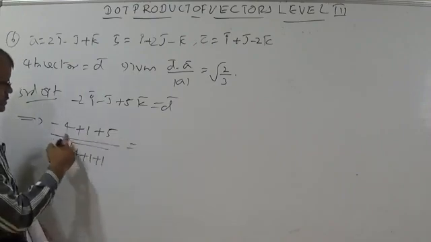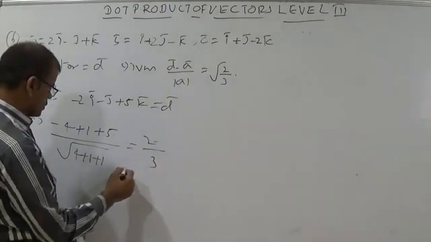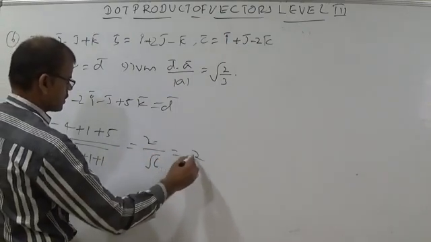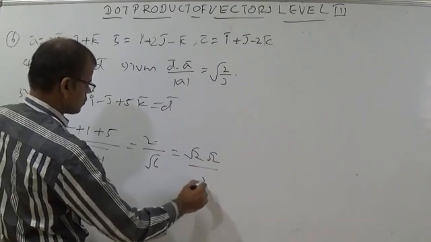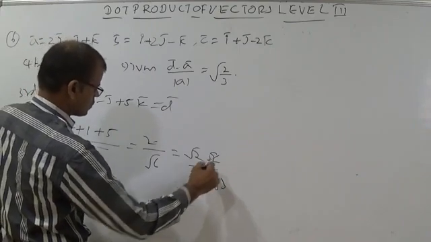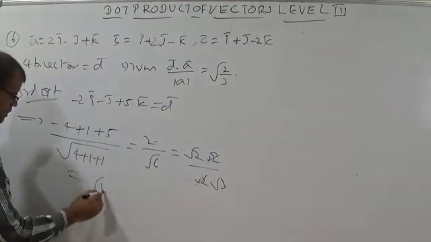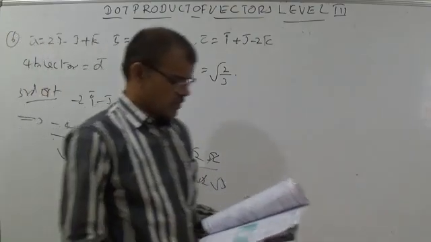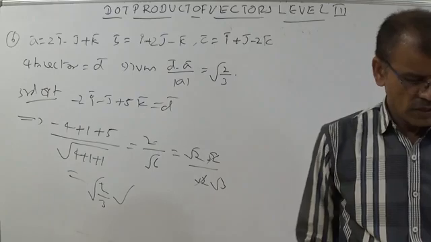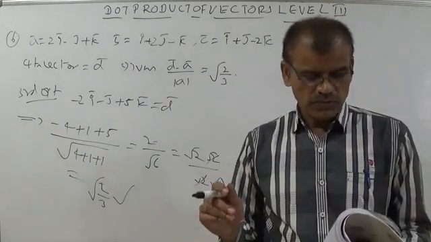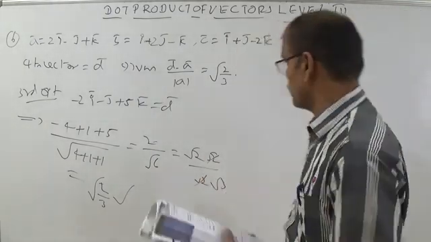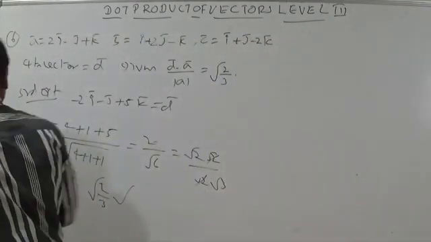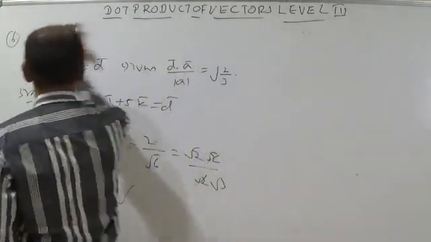So 5 minus 1 minus 4 is 2, so you write here 2 by root 6. You can write this as root 2 into root 2 and root 2 into root 3, root 2 and root 2 get cancelled. You get the value root 2 by 3. Correct, root 2 by 3 is the right answer. If we multiply with 2 minus 1 plus 5, it is not possible. Only the third option is verified here, a shortcut is there. So it is better.